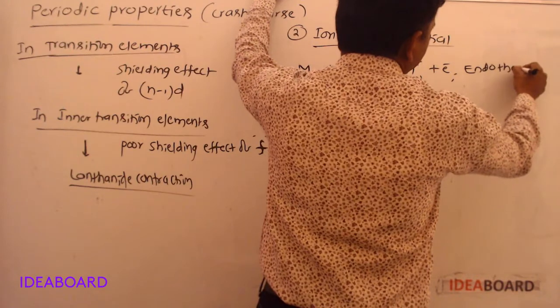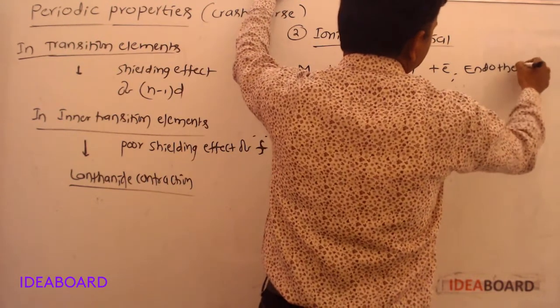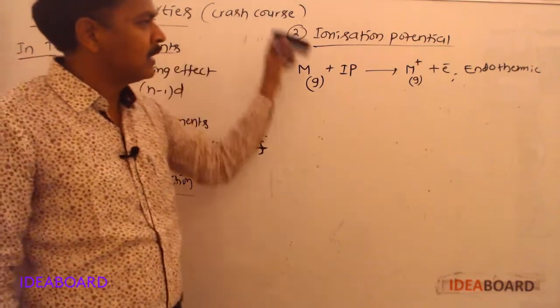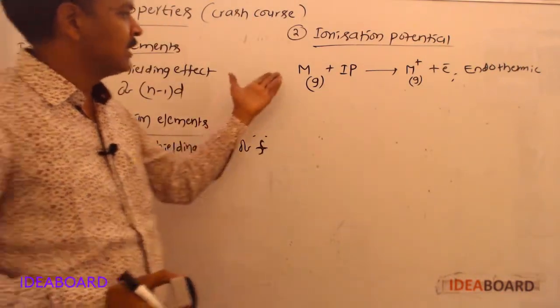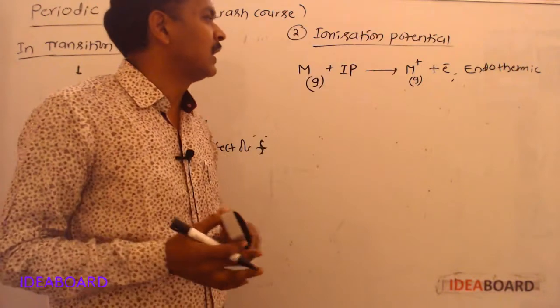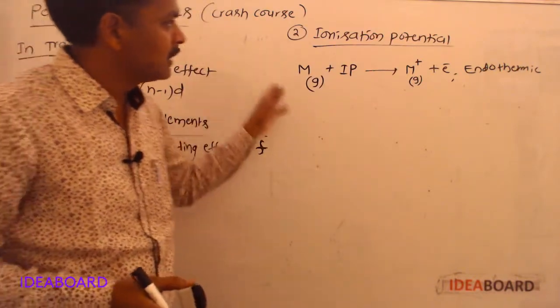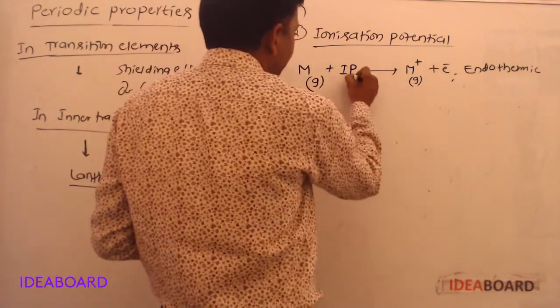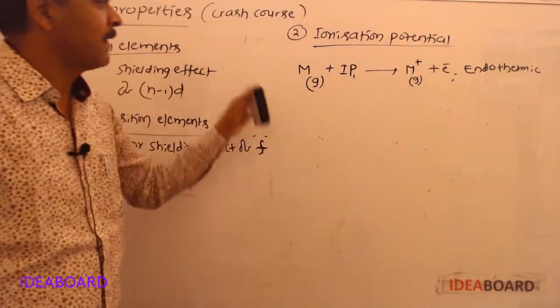The ionization process is endothermic because energy is required to remove the electron. This is also called first ionization energy, IP1 or IE1.